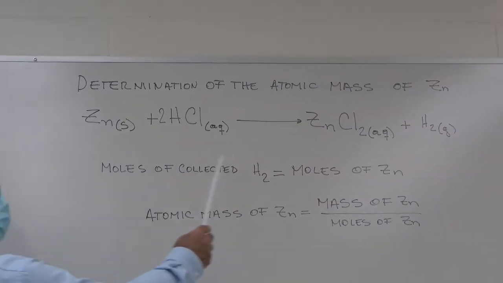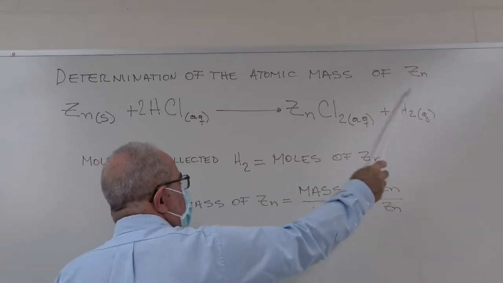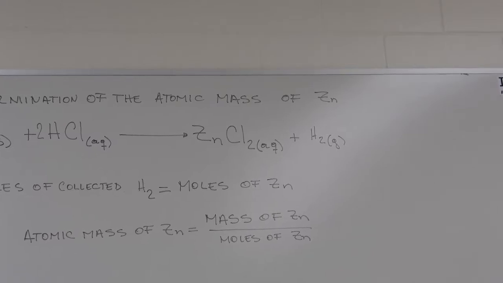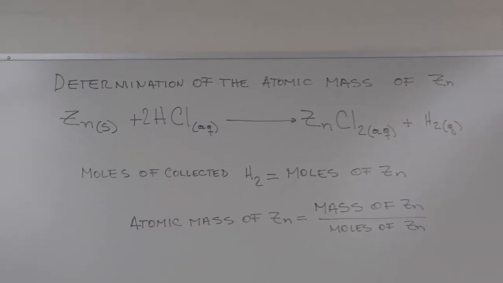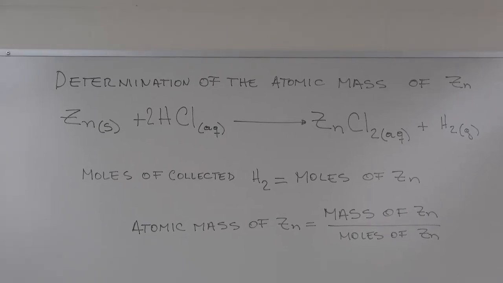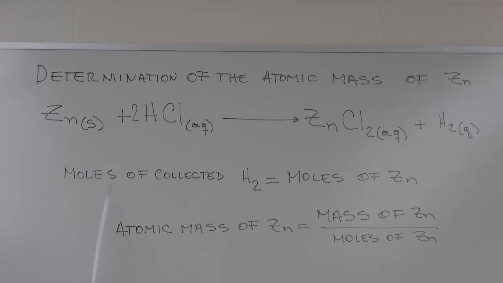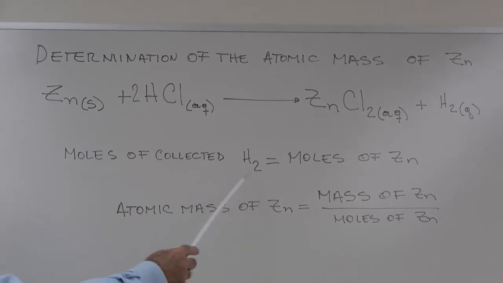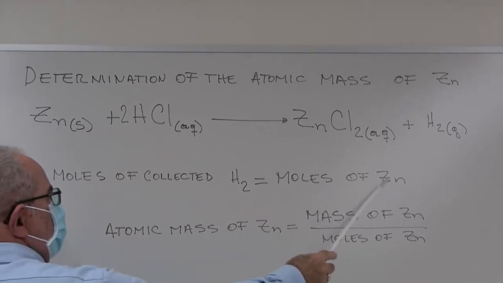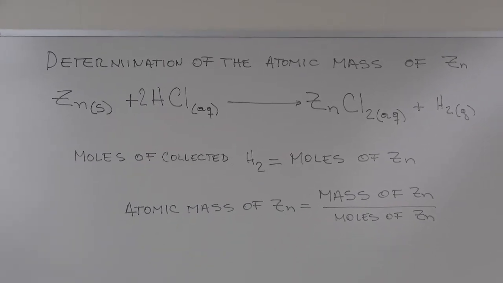According to the chemical equation, the amount of hydrogen that we are going to collect, expressed in moles, is going to be equal to the moles of zinc we had at the beginning of the reaction. So remember, moles of collected hydrogen is going to be equal to the moles of zinc that we put at the beginning of the reaction.